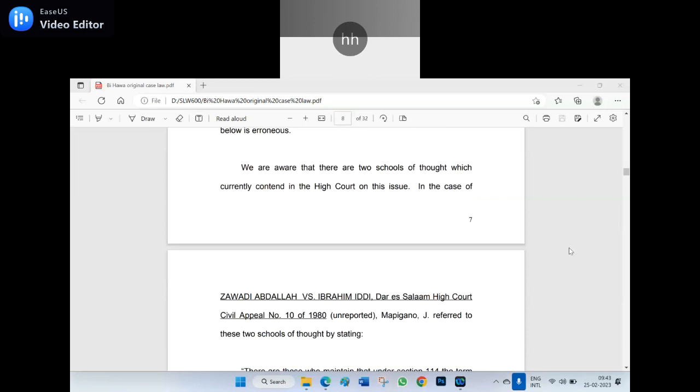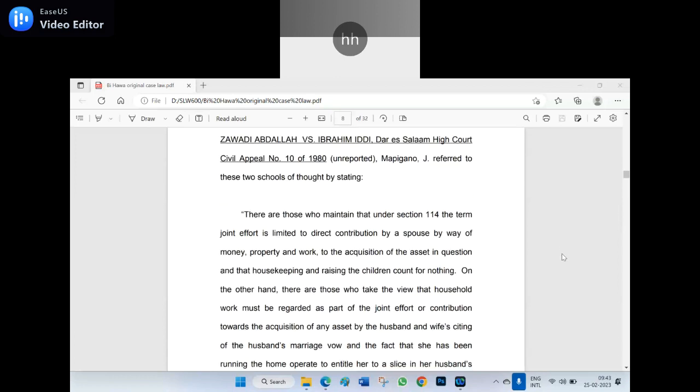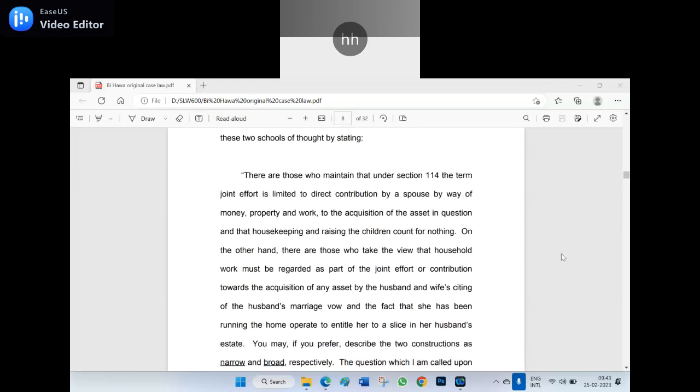In the case of Zawadi Abdullah versus Ibrahim, Dar es Salaam High Court appeal, an unreported case, a case is there. Definitely it should appear in the rules. And refer to the two schools of thought by stating that there are the two maintained under section 114. What do they say? The spouse by way of money or property or work contributes to the acquisition of the asset in question, and housekeeping and raising the children count for nothing.